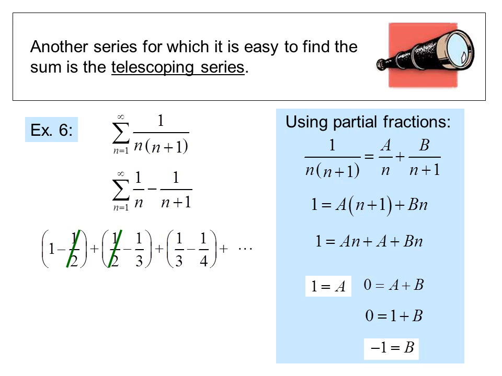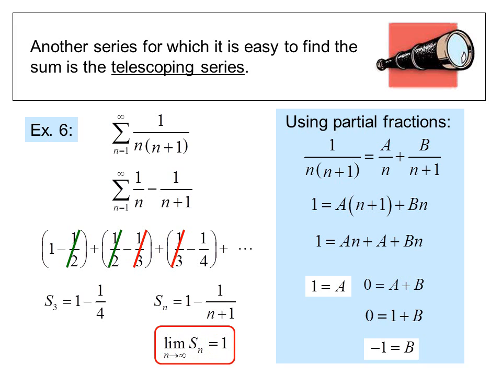We can cancel a negative 1/2 and a positive 1/2, and a negative 1/3 and a positive 1/3. And so the third partial sum is 1 minus 1/4. The nth partial sum would be 1 minus 1 over n plus 1, because we could just keep canceling. If we take the limit as n goes to infinity, we see that the sum of the infinite series in this case is just 1.